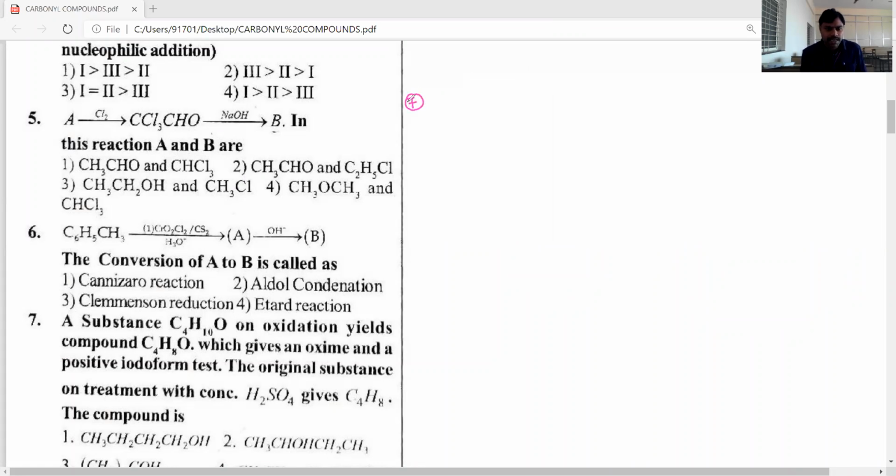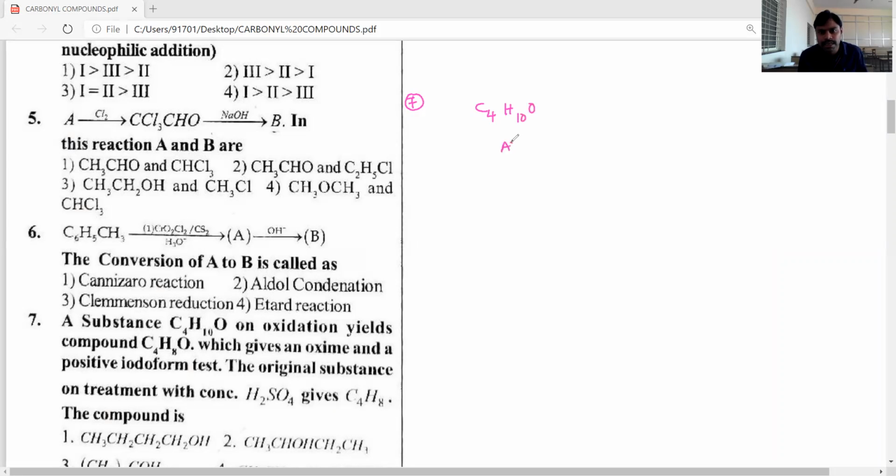A substance A has molecular formula C4H8O. This is A, dear students. On oxidation, we are getting the product C4H, sorry, C4H10O.